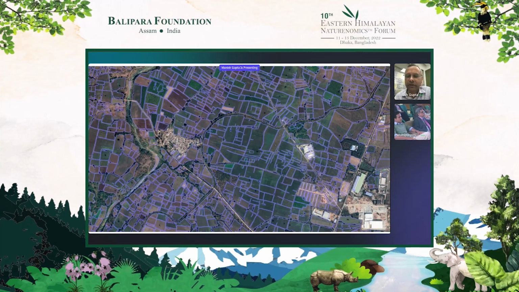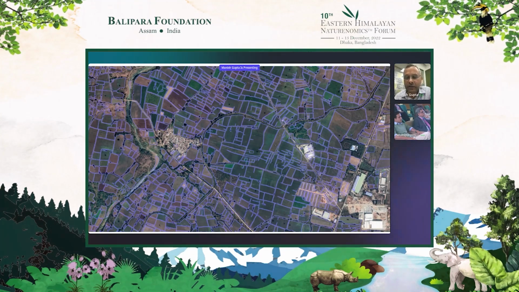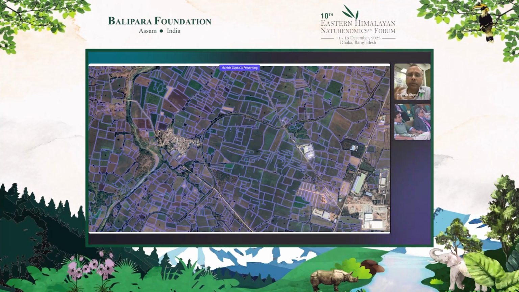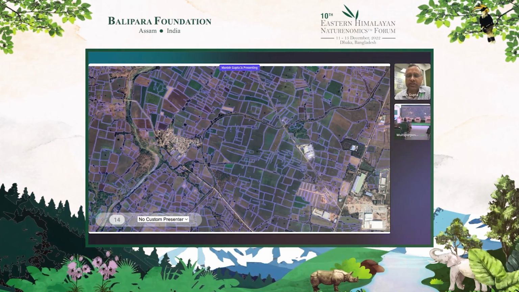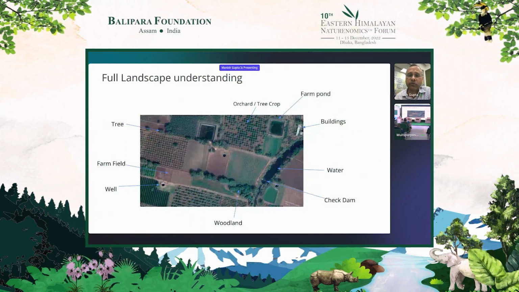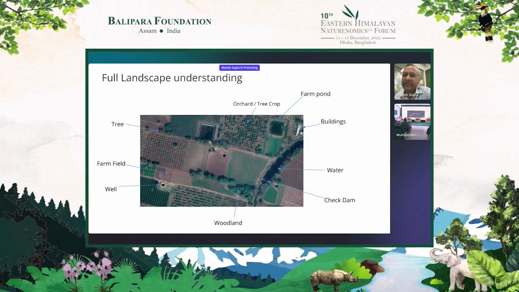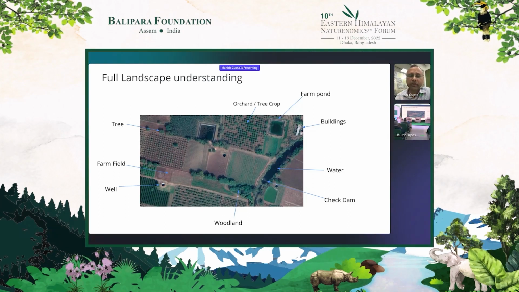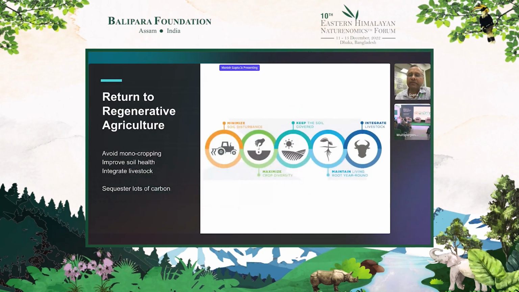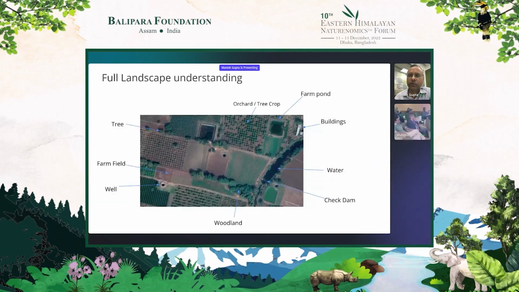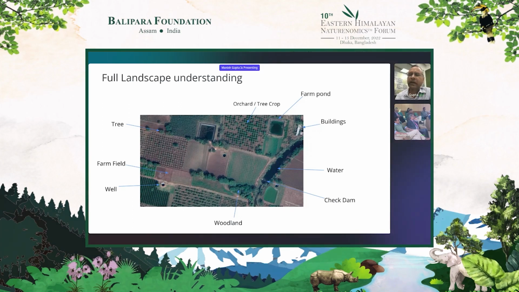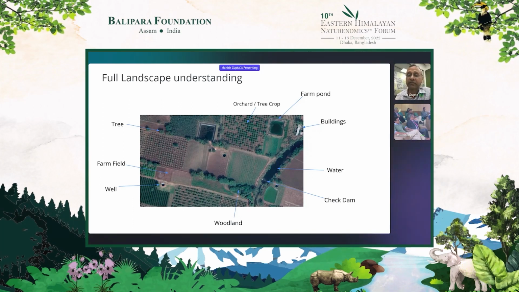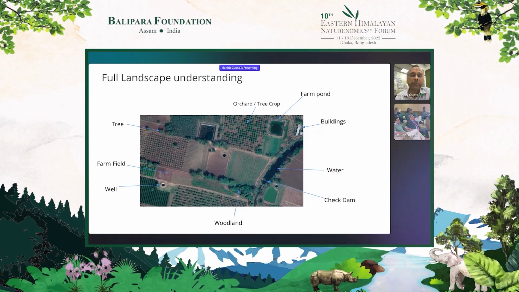This is a particular view of a village in Karnataka, where, based on all of this analysis of satellite images, we identify not just the field boundaries but also things like, as we move towards a richer understanding of the landscape, what are the sources of water, what are the trees being grown in that region, and activities like harvesting and stubble burning, so that you can support regenerative crop practices and discourage, and in fact financially incentivize, farmers to avoid things like stubble burning.